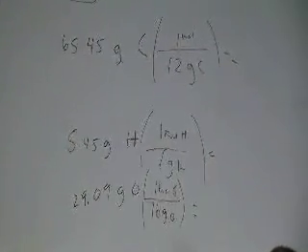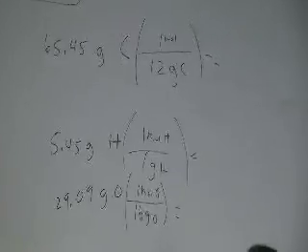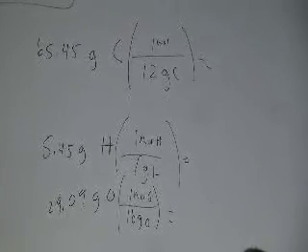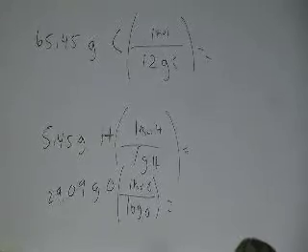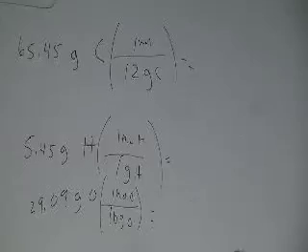Okay, so here's what we got going on. 12 grams of carbon comes from the periodic table. 1 gram of hydrogen, 16 grams of oxygen. I am converting to the number of moles, right? Because I've changed my percentage, I've converted the number of moles.